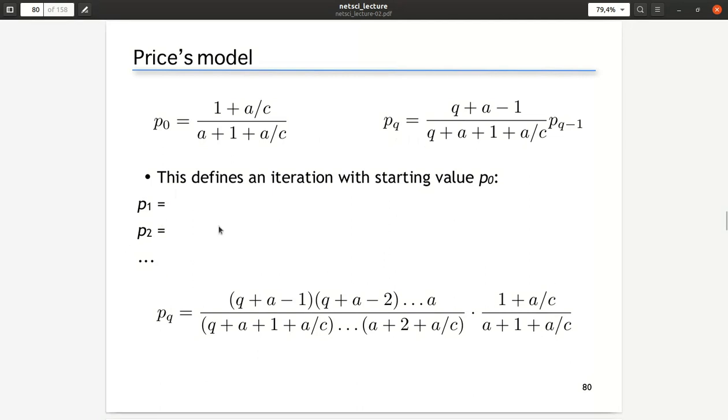So with iteration. And it turns out that p_q can also be written in a way in which we don't have this recurrent, or iterative, formula, but instead a formula which looks more complicated than it actually is.